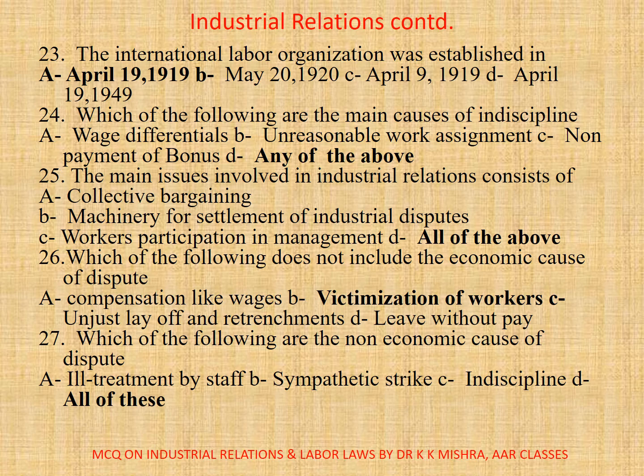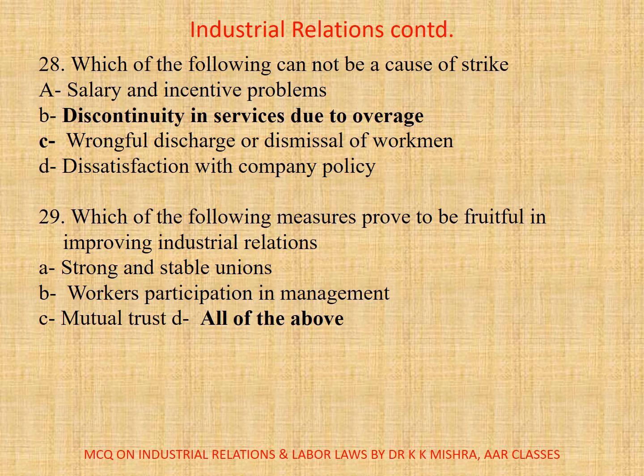27. Which of the following are the non-economic cause of dispute? A, ill treatment by staff, B, sympathetic strike, C, indiscipline, D, all. Correct option is D, all. 28. Which of the following cannot be a cause of strike? Correct option is B, discontinuity in services due to overage. 29.